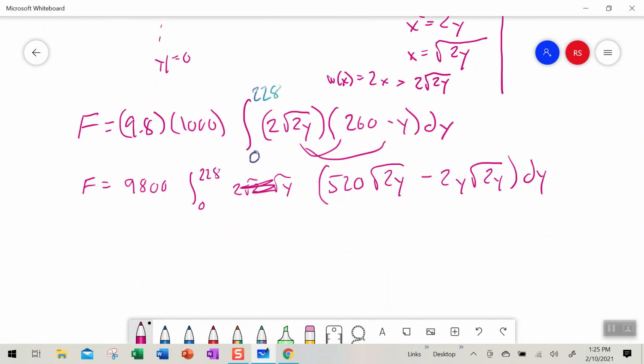Well, I'm going to factor out from each of these the radical 2, because the square root of 2y is the square root of 2 times the square root of y. So this would be 520 radical 2 times y to the 1/2. You can probably see why I'm doing this. And this is 2 radical 2 times y to the 1/2.